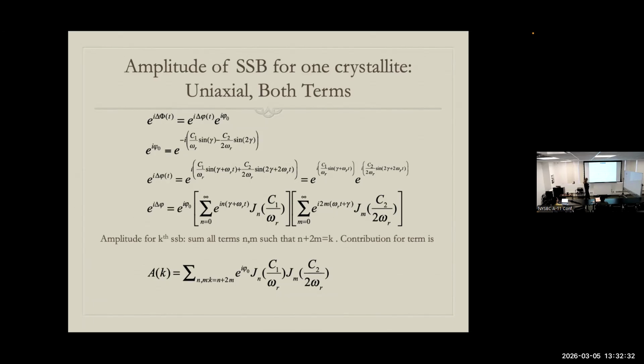So the amplitude for the K spinning side band, if you sum all the terms, and it is just one crystallite, will be choose 2 such that it adds up to K. K equals N plus 2M. So A of K is choose 2, where again, K is N plus 2M. So you get a little bit of a complicated mapping, but not that bad.